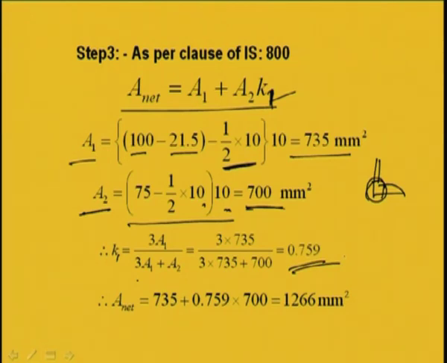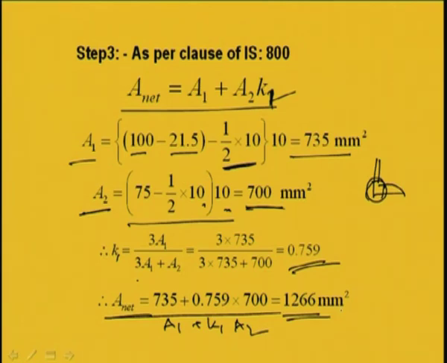Now the net area can be found from A1 plus K1 A2. All the values are derived, so we find the net area as 1266 mm square, where A1 is 735 millimeter square, A2 is 700 millimeter square and K1 is 0.759.